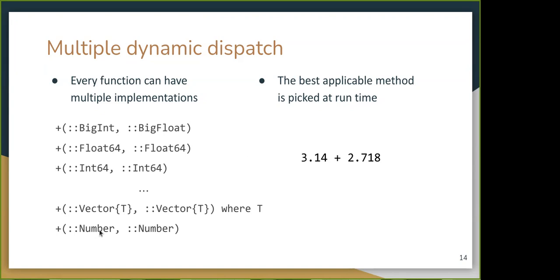Numbers include floats and integers and unsigned integers. So in principle, this definition can work. It would be fine, maybe it will not run into an error. But the definition for floating points is specifically designed for floating points, so it's the most efficient one. This one will probably call the native implementation of floating point addition. So at runtime, we'll look at the types and pick the best suitable implementation, which will be most specialized to this kind of call. Right, so that's the idea.